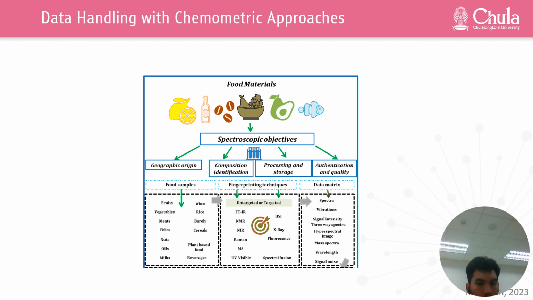If we have like other project. In this project, we are going to have CPO fingerprinting. So we need CPO samples, and we do the fingerprinting techniques to get the data matrix. This data matrix can be or can be not pre-processed before going to the chemometrics, and you can see it.